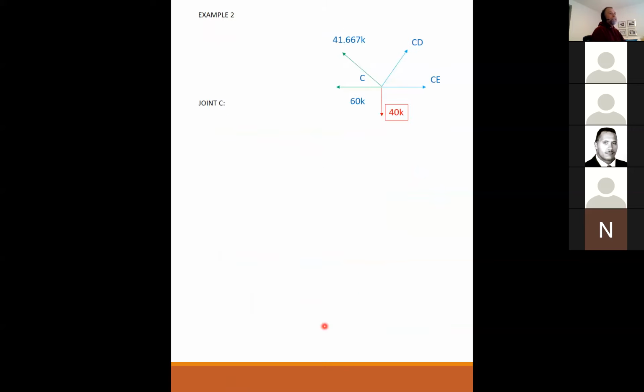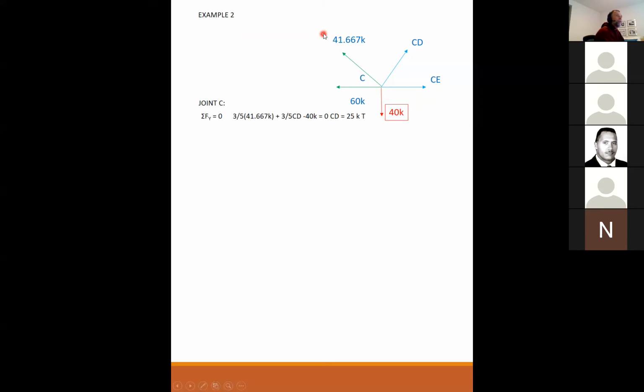I move to joint C. I label the two that I've already solved for. This was AC and BC. So I put them on there, and they're both in tension, so I draw them in tension. I draw CD and CE, my unknowns, in tension. And don't forget your 40 kip load applied at C. Sum the forces in the Y. I have 3/5 of the 41.667.